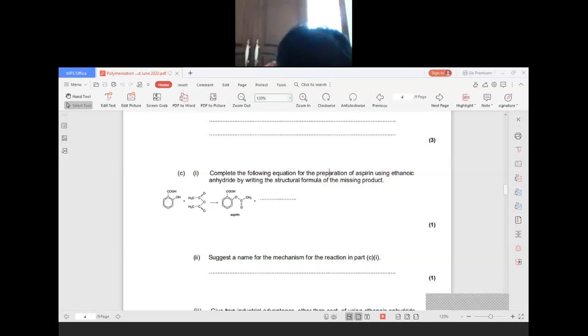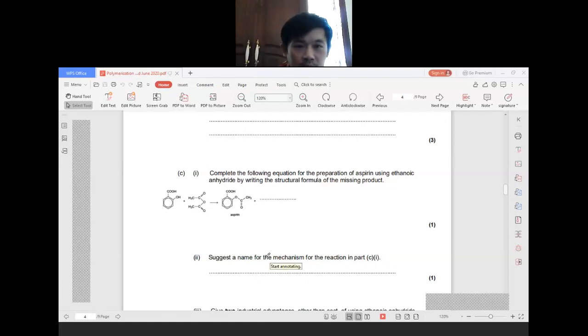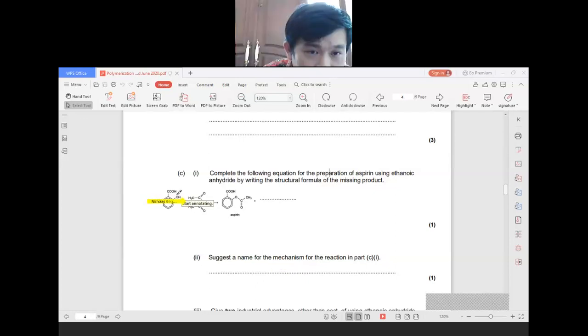Sir, I have one more question. Which one is the reactant here? If this one becomes the reactant, it becomes electrophilic, right? So which one is better? This one becomes negative, there is an excess electron that it can donate.